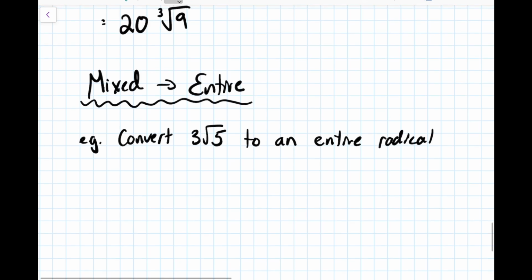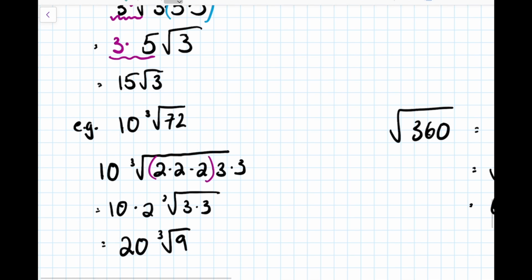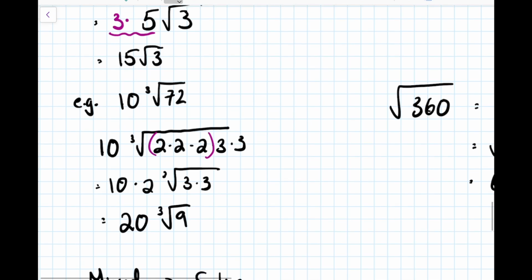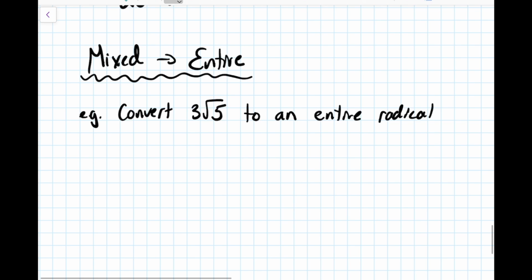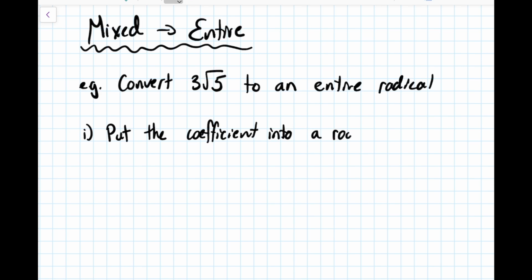So in the previous ones, looking back up here, we would take a group, condense it, and move it out. So what I want to do is take that thing on the outside and turn it back into a group of things. So my first step, we're going to put the coefficient into a root, and we're going to do that using exponents.